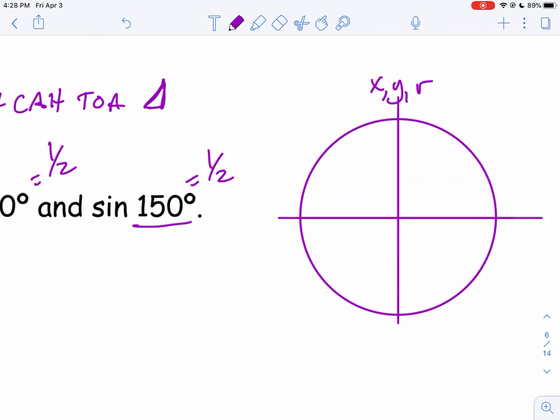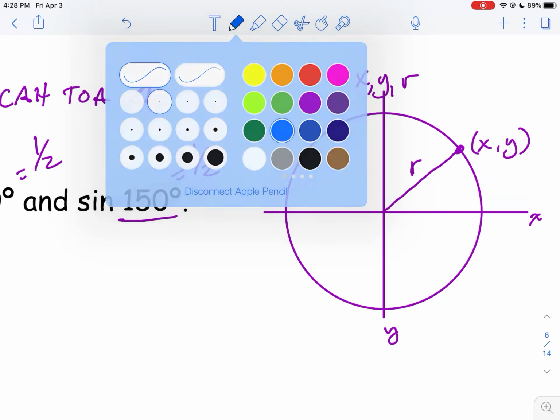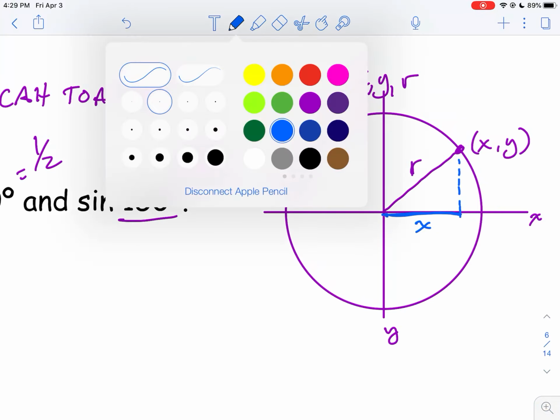If I zoom in on the circle, in the first quadrant, it works pretty good. So if this is my radius, I'm going to have an x value and a y value. Where's my x coordinate in this picture? Hopefully you're thinking about the x-axis being here, your y-axis being here, and then your x value ends up being this distance from here to here, right?